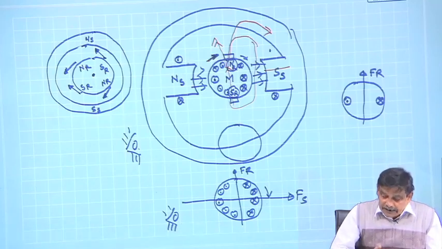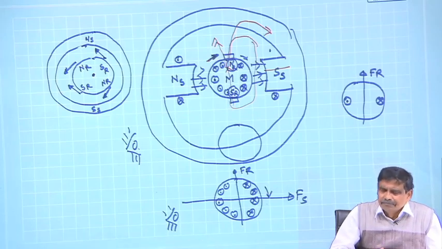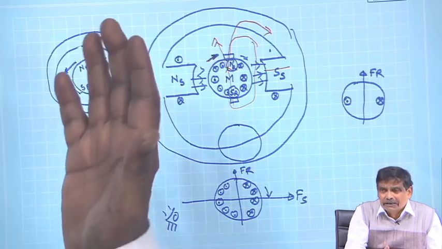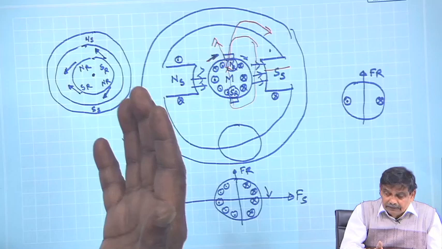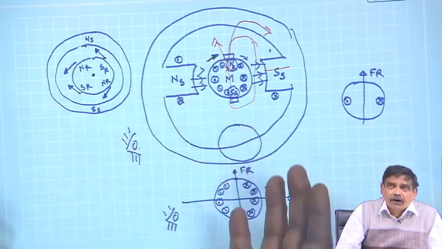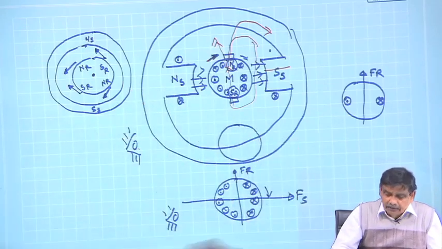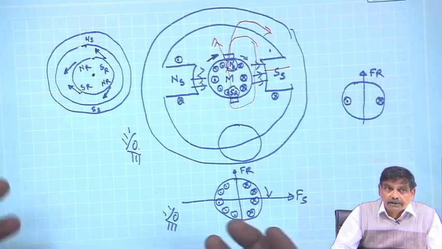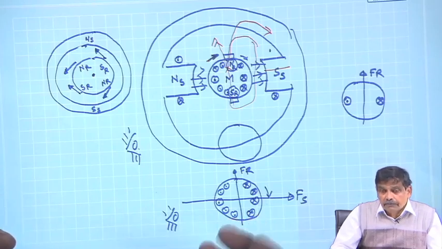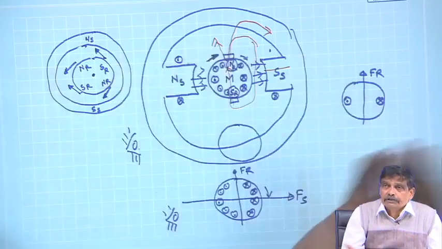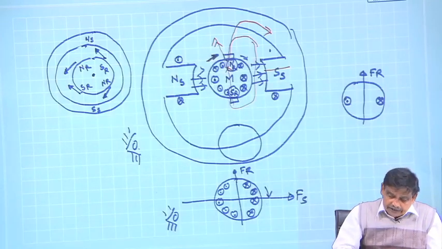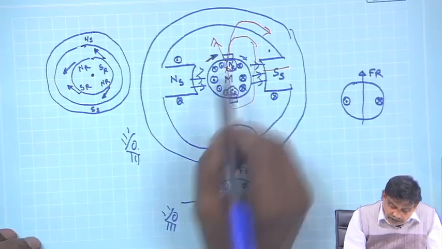But the important point is, when I say the field is rotating, you should not be bothered about whether this is the stator or the rotor, whether it is stationary or not. Either way it can be done. The rotor may remain stationary; if it carries 3 phase balanced current, it is observed that it produces a rotating field.